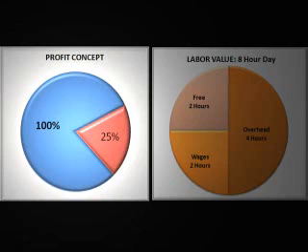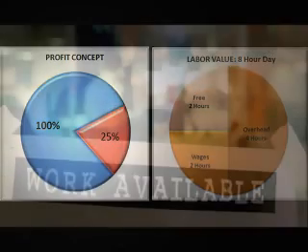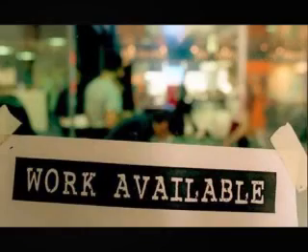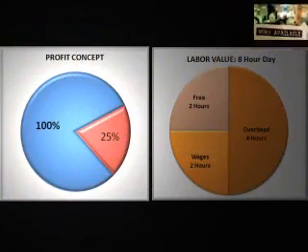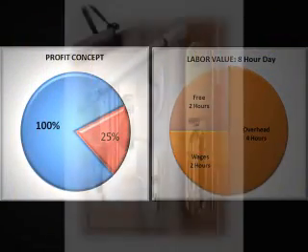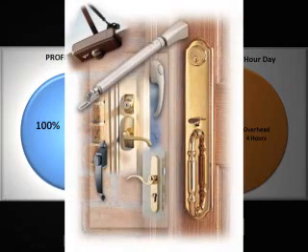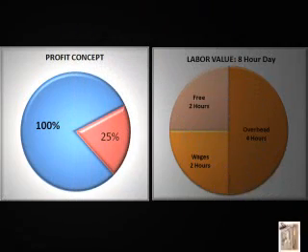Focusing back on the profit graph, you may ask yourself, what is the purpose of this that depicts the investment of capital money? Is it to create jobs? No. Is it to create a product for society's needs? Not exactly.